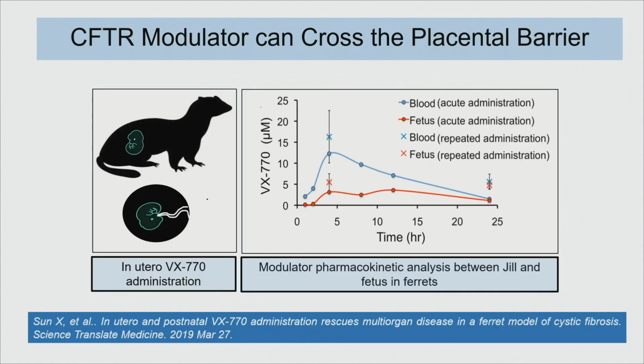In our previous study, we used the ferret as a model. We gave the CFTR modulator during the pregnant period, starting the ivacaftor at E28 days, about two-thirds of gestation in ferret. We found that the modulator can cross the placental barrier and reach the fetus.